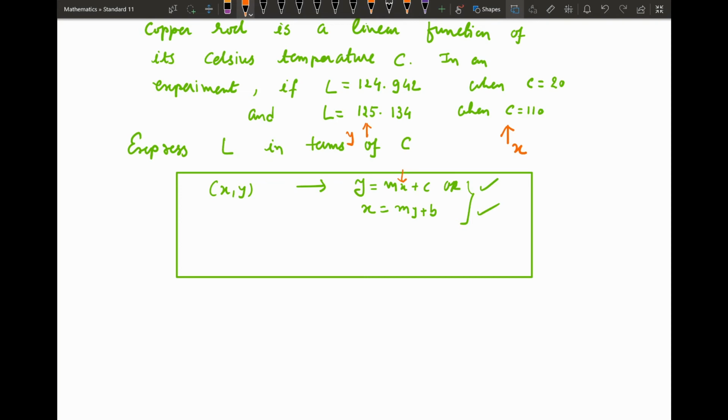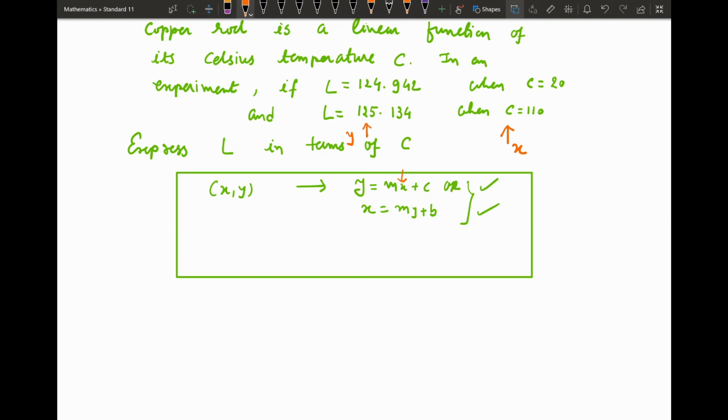Once we get the equation of a line, it is linear in two variables, say ax plus by plus c equals 0. That represents a straight line. So here temperature we will consider x coordinates, length we will consider y coordinates. You can also interchange coordinates, but in that form you will still get a linear relation.